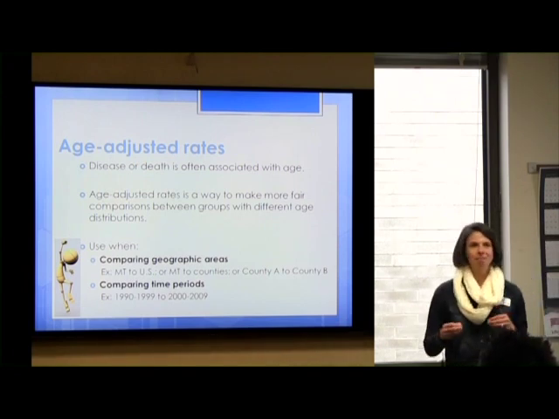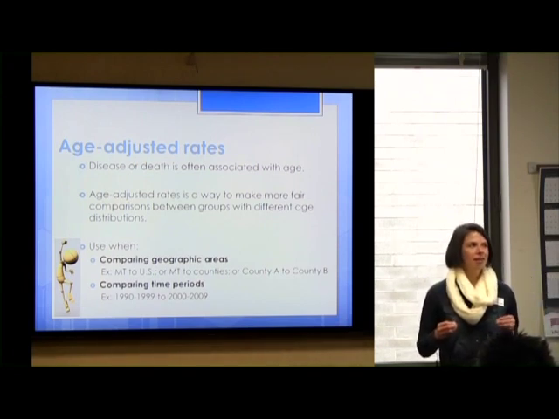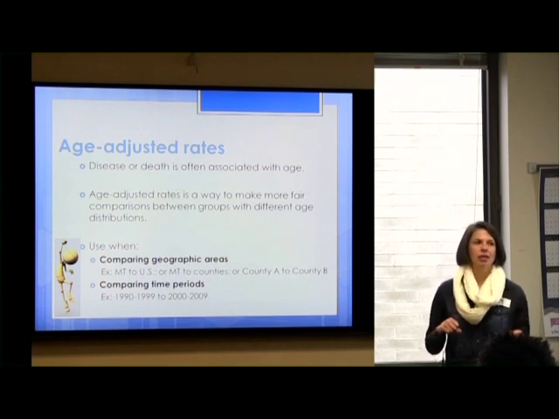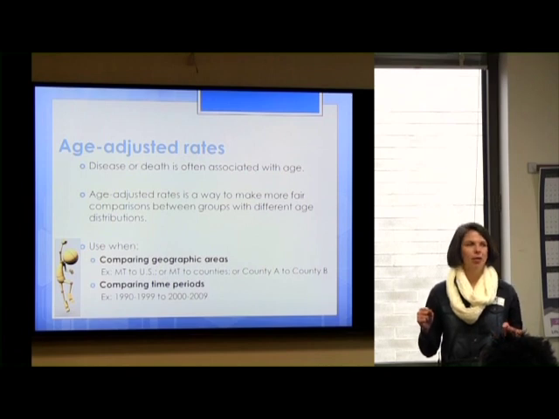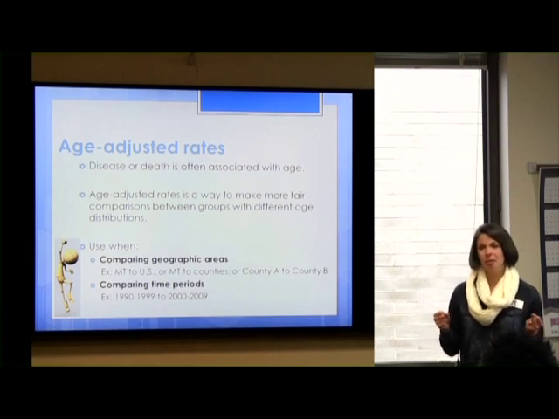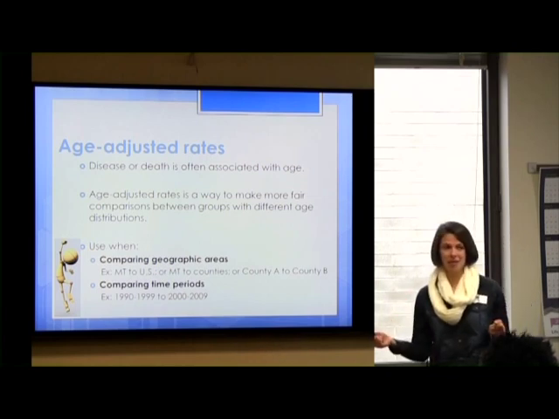And so when we want to compare two different populations, say the state of Montana to the state of Florida, or we want to compare Missoula County to Billings, we need to take into account that each of those populations has different age structures. So for example, Missoula is probably a younger county than Billings.